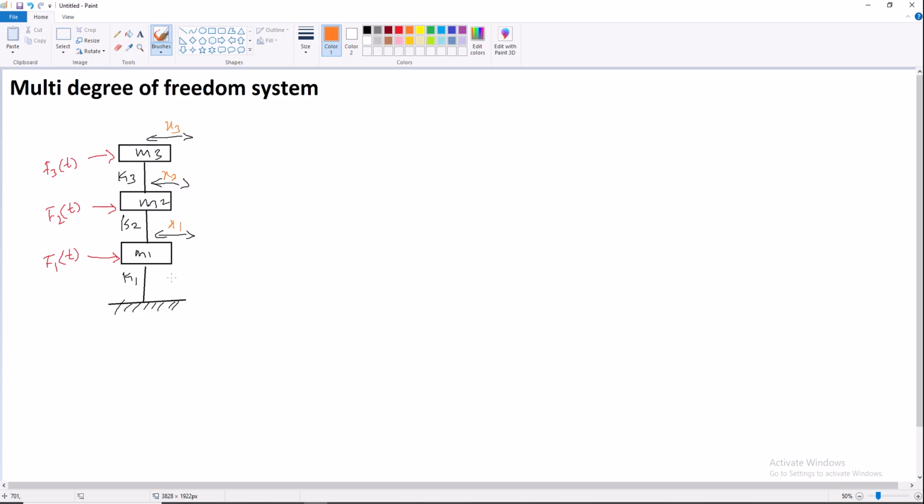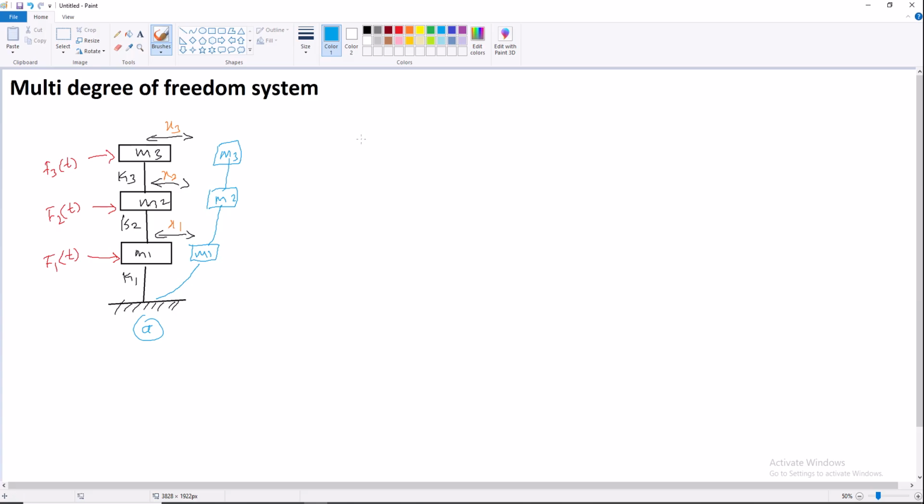When these deformations occur, the structure is expected to deform like this. This will be the mass m1, this will be the mass m2, and this will be the mass m3 at x3 displacement, mass m2 at x2 displacement, and mass m1 at x1 displacement. I will take this as the first diagram.